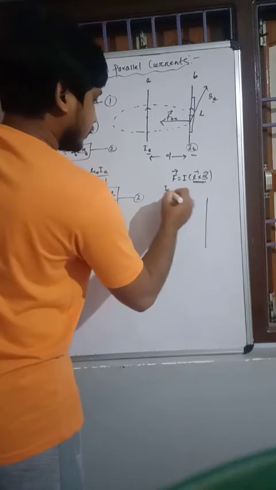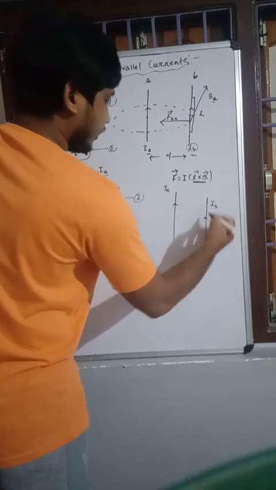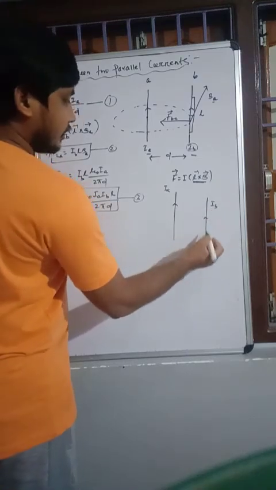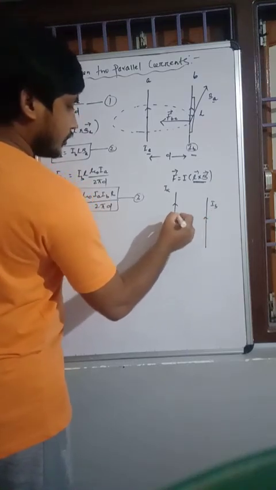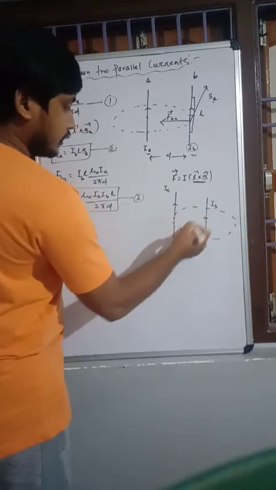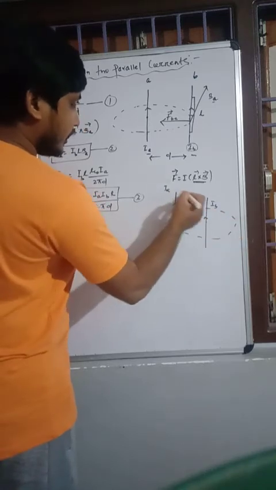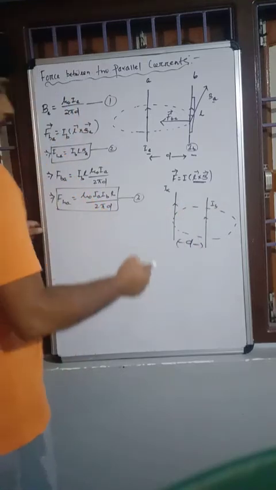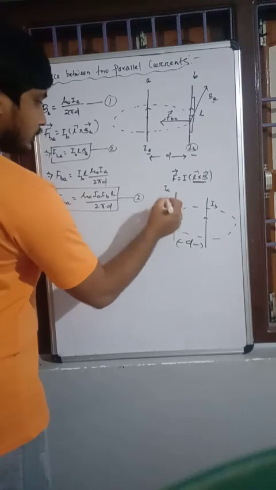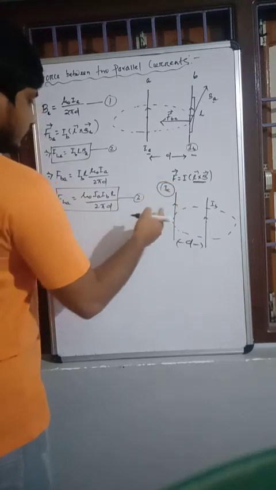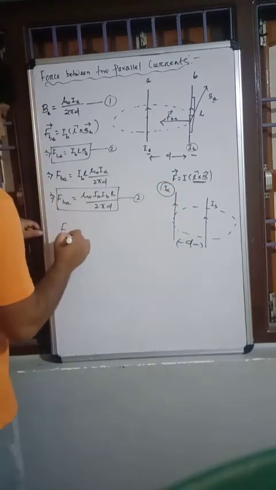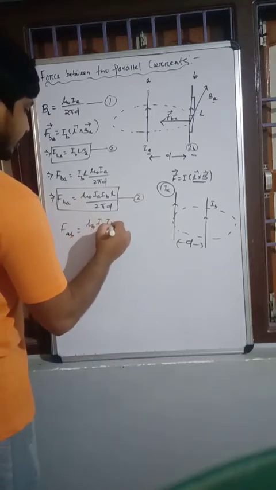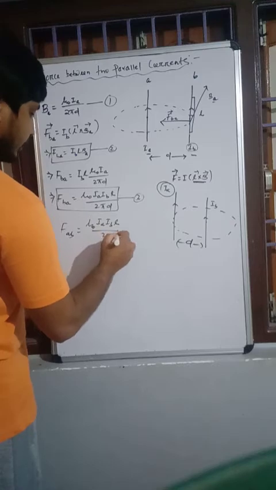Here IA is present and here IB is going. Due to the current element of IB, here also one magnetic field will be produced in which the current carrying element IA will be present. So in this case also, you will see that the force acting on this IA, FAB, will also be equal to mu naught IA IB L by 2 pi d.